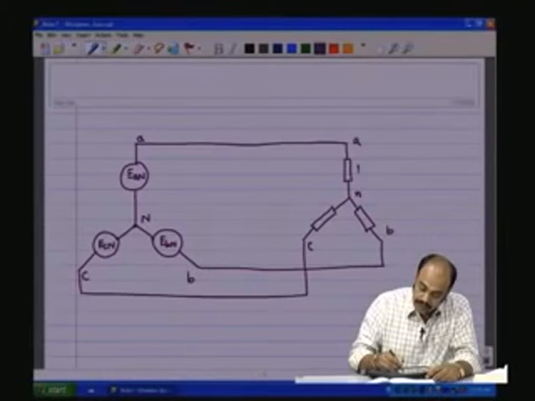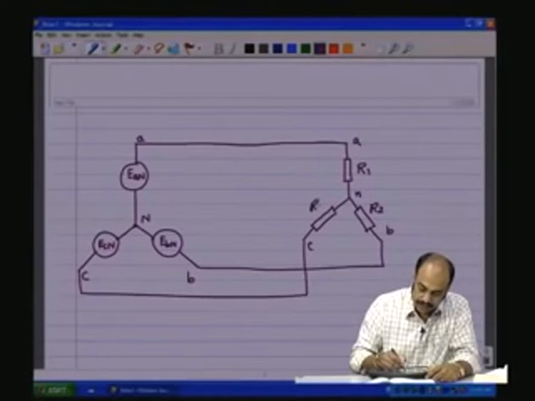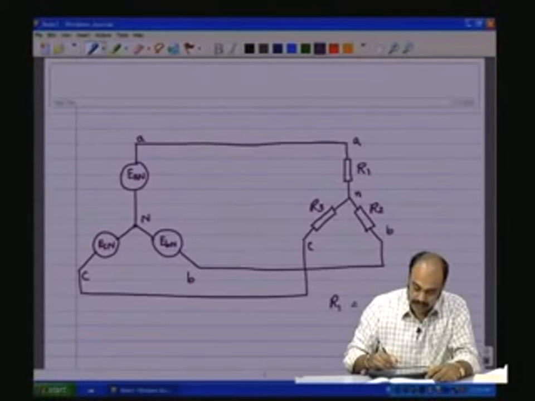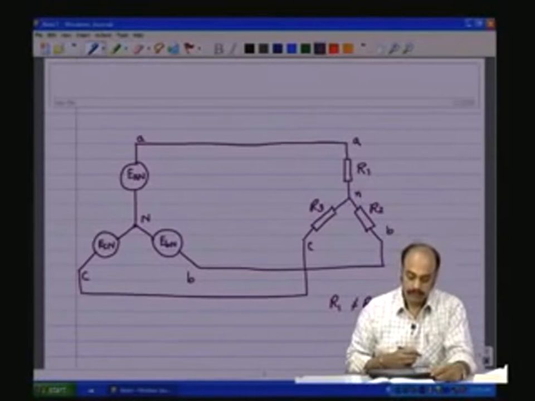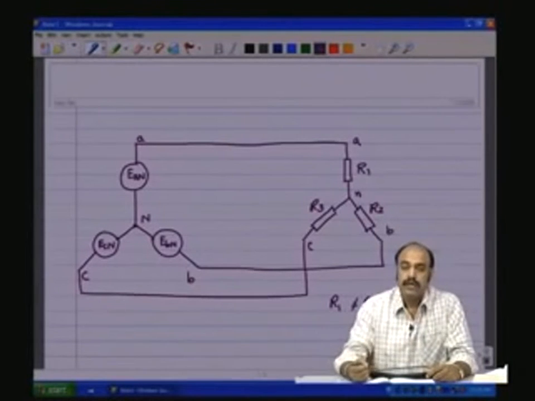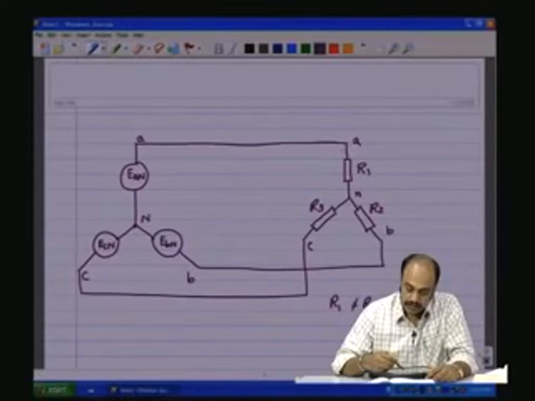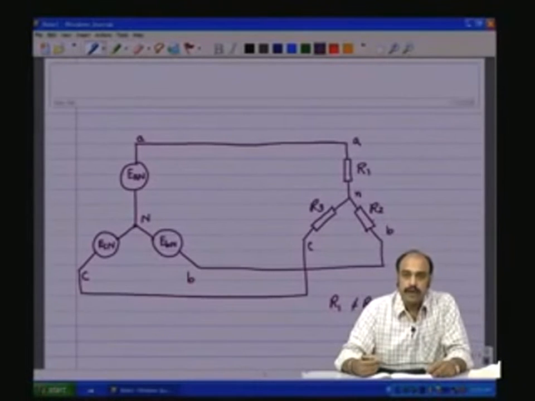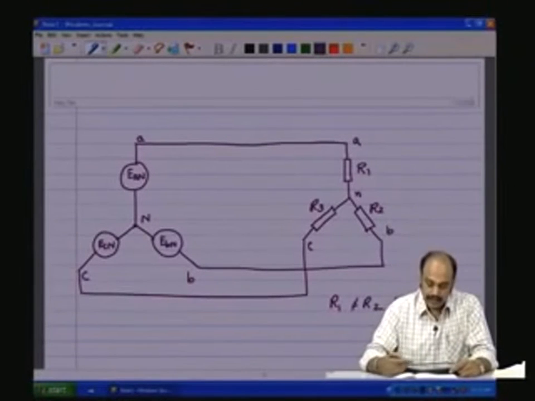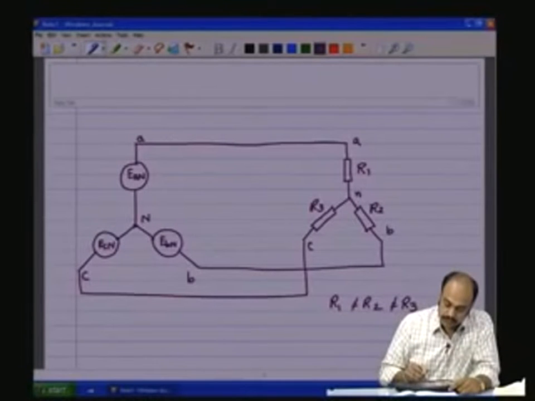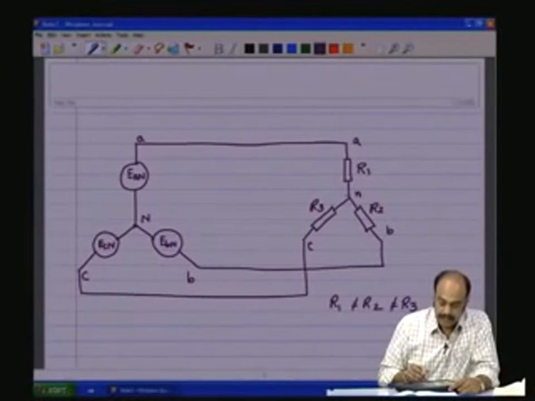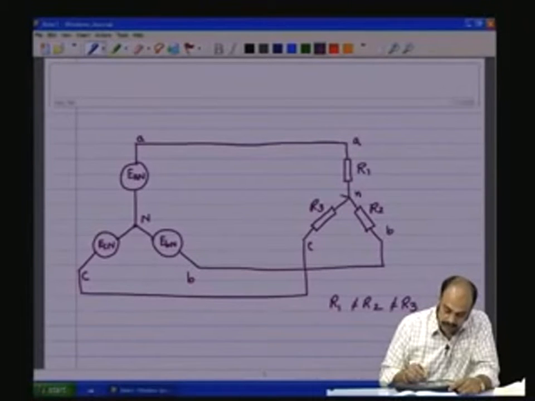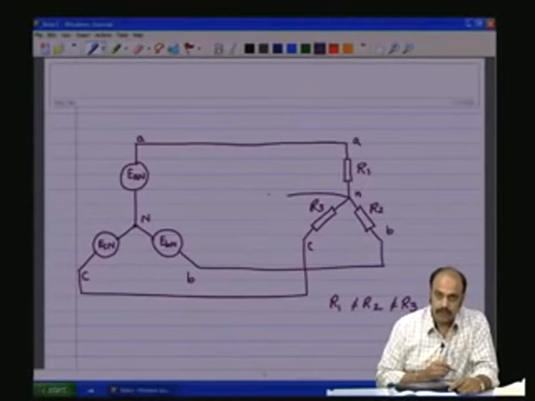Now, if the loads were not equal but unbalanced, that is R1 is not equal to R2 is not equal to R3, under such conditions we saw that the currents through each of the phase loads are going to have different effective values. As a result, what was supposed to be IA plus IB plus IC equal to 0 instantaneously is not 0.